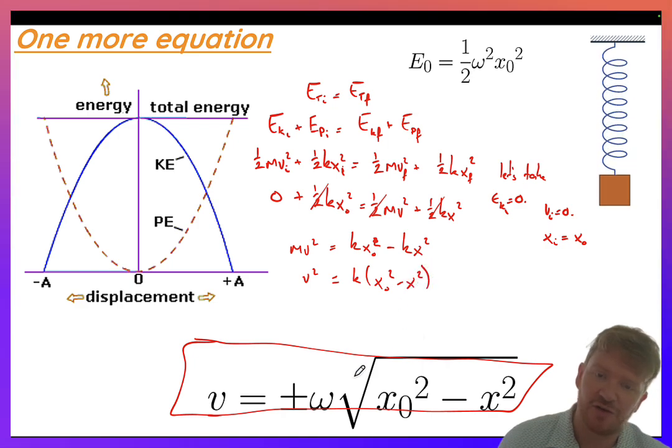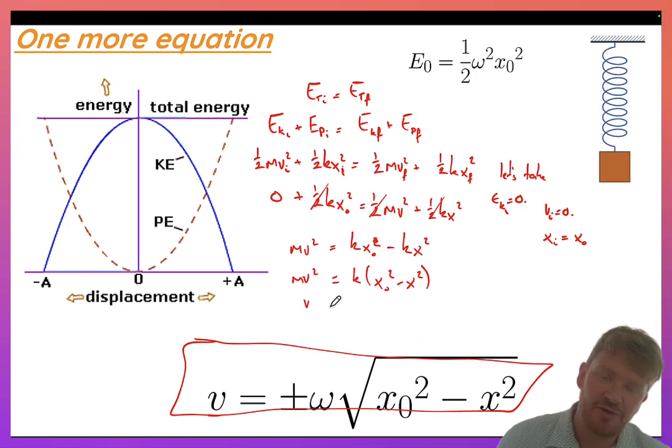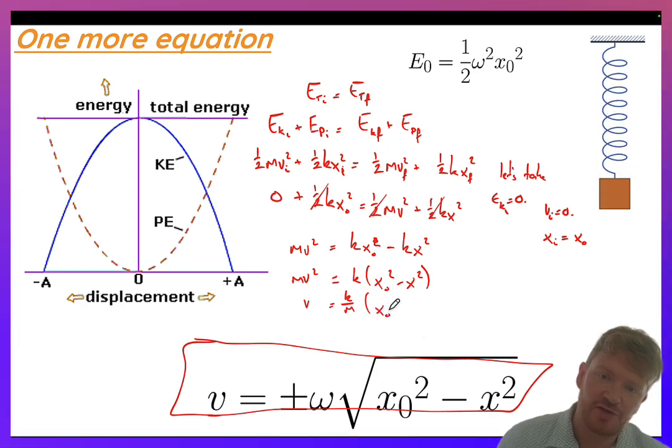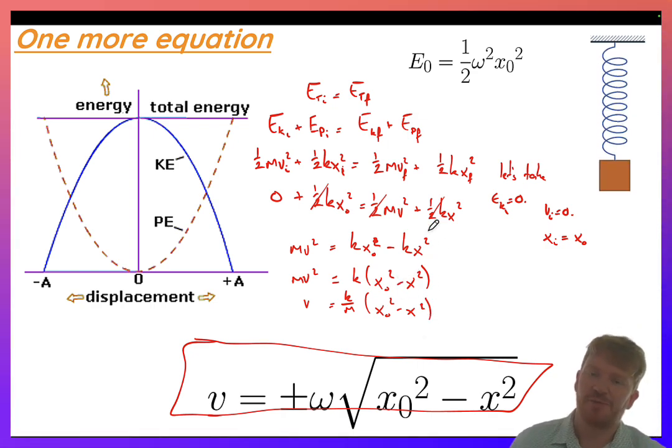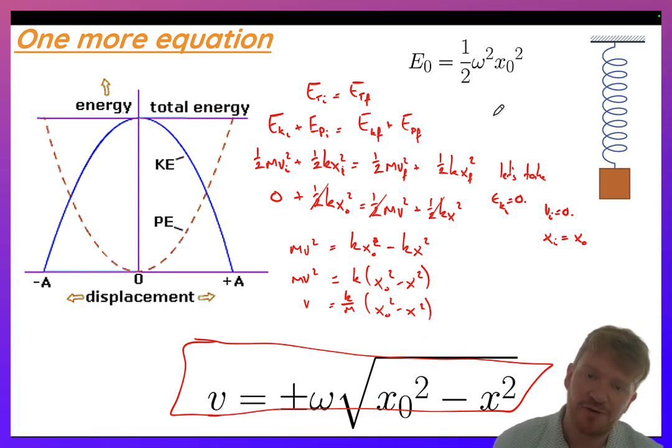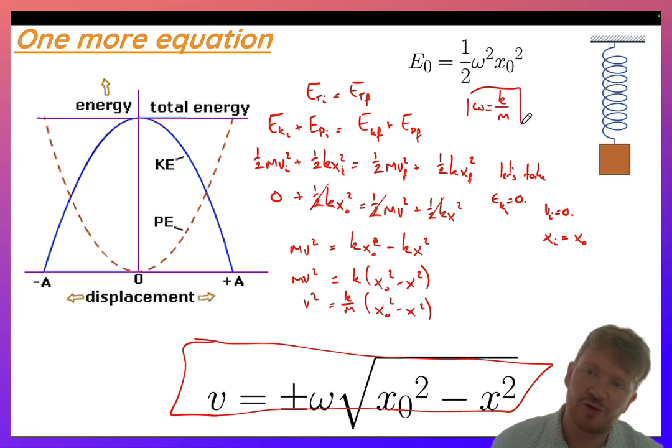Now if I divide both sides by m, I get v squared is equal to k over m lots of x naught squared minus x squared. Now, the clever bit is, if you remember from a previous lecture, I'm not going to go through it now, but we did prove that omega squared is equal to k over m for a mass on a spring.